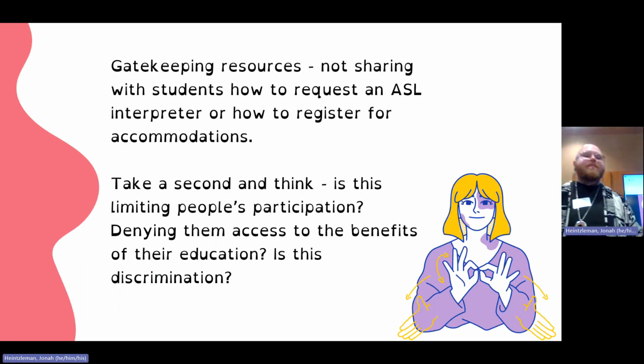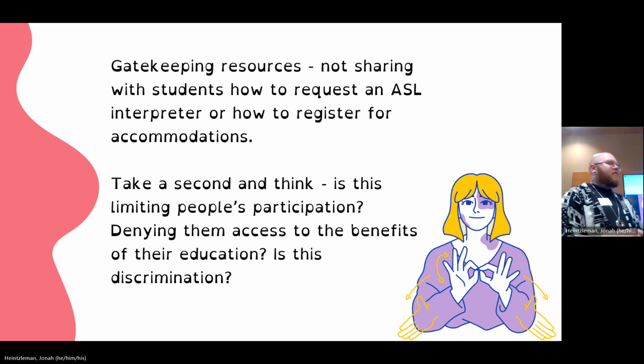So, some examples. One example is gatekeeping resources. If you are teaching a class or hosting a program and you don't include information on how to request an ASL interpreter or how to register for accommodations, that would be gatekeeping those resources.